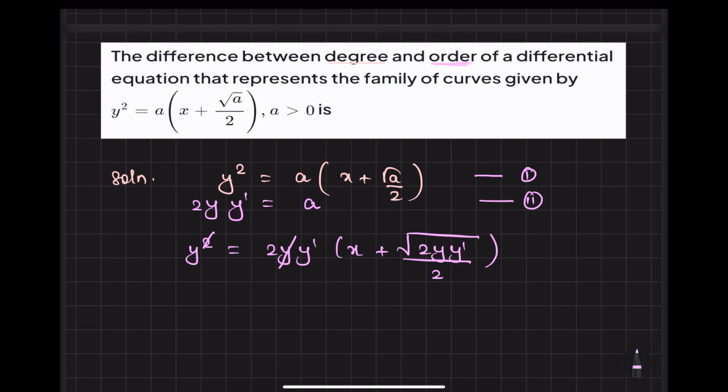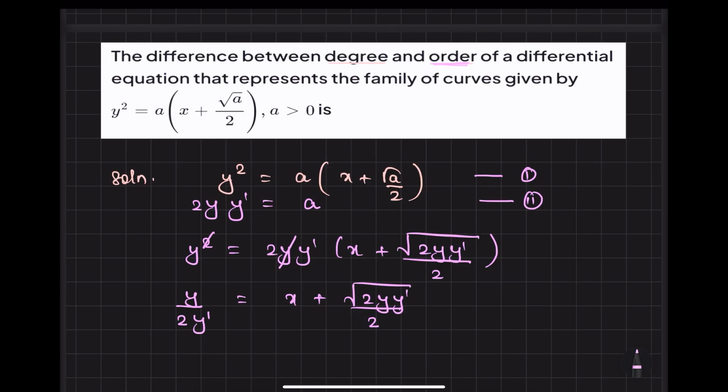Now look at here. So we are left with y by 2 y dash equals x plus root over 2y y dash by 2.